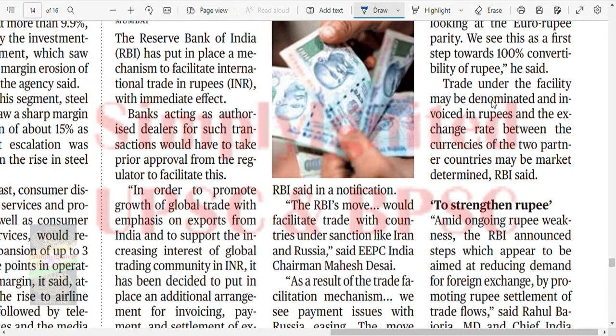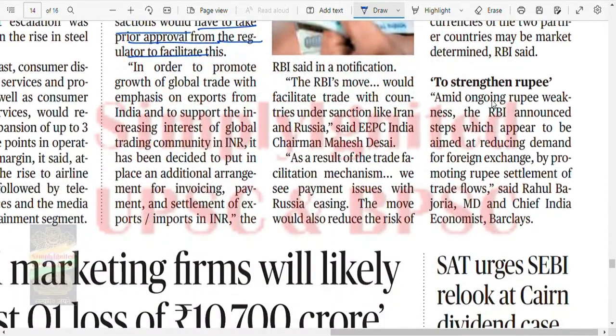Banks acting as authorized dealers for such transactions would have to take prior approval from the regulator in order to facilitate this. In order to promote growth of global trade with emphasis on export from India and to support the increasing interest of the global trading community in INR, it has been decided to put in place an additional arrangement for invoicing, payment, settlement of export import in INR.